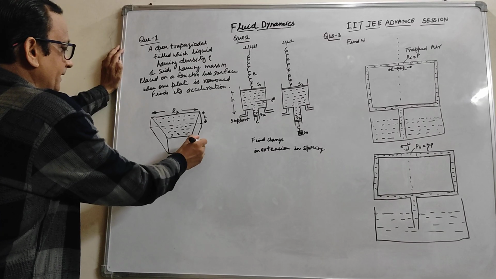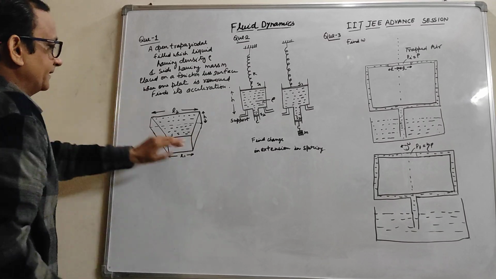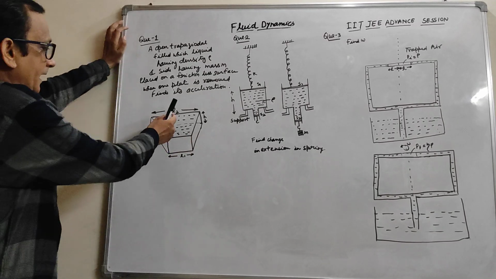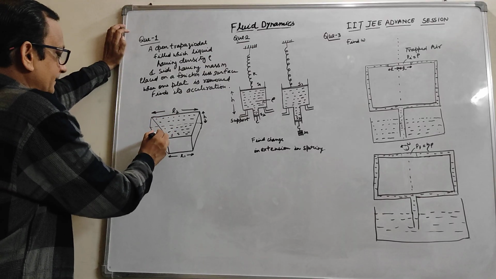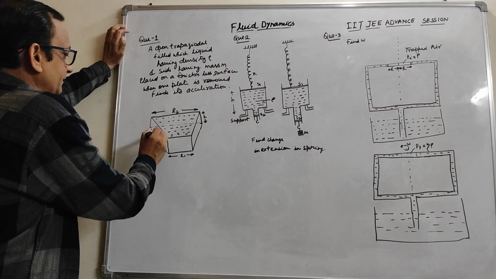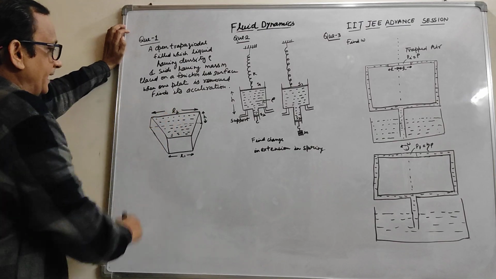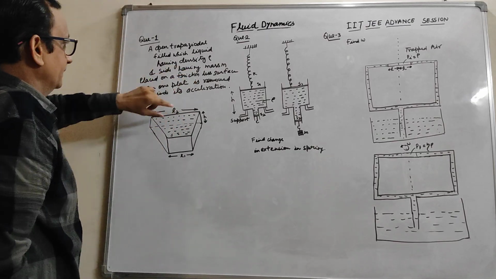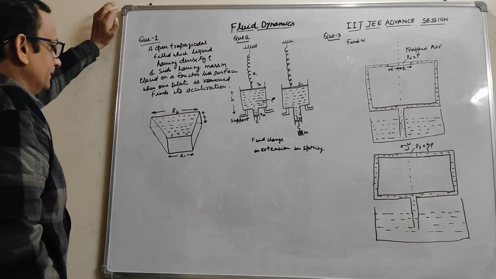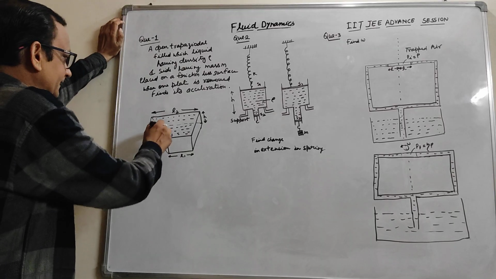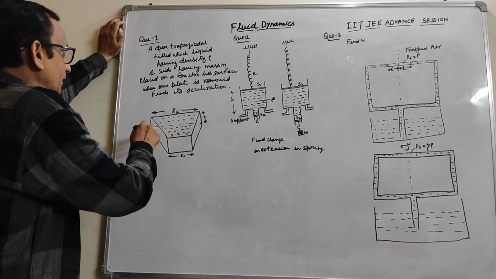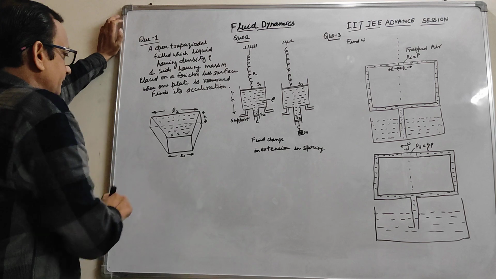This is a frictionless horizontal plane, and at some instant the plate having length L2 is removed. So we have to find the acceleration of the trapezoidal shape.